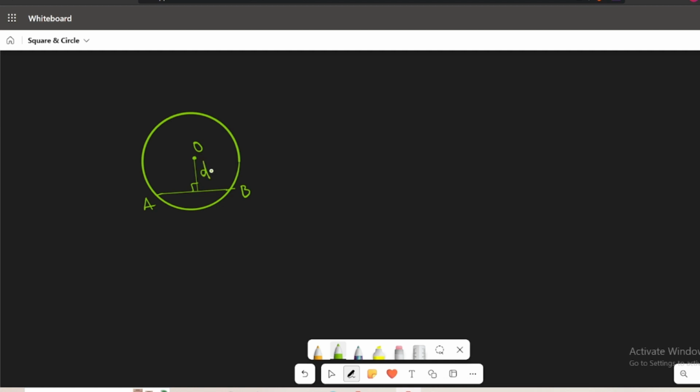This d is not equal to r, obviously, because d is just this length, but r is this complete length. Here we can say that AM will be equal to MB. This is the property of the circle. You can also prove it yourself by doing some construction, and if you need the proof and want any help, you can comment down in the comment section and I will help you there itself.